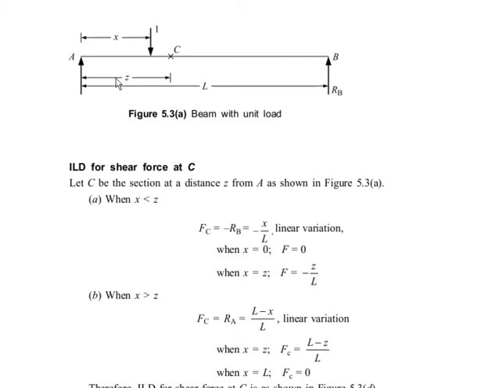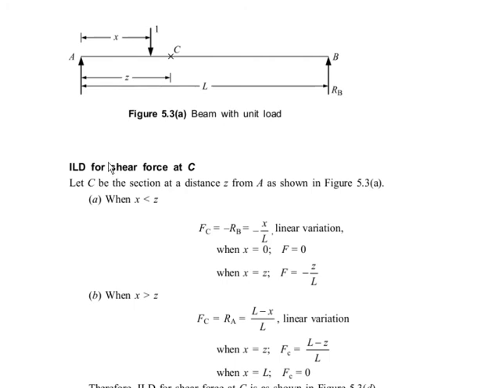So in the first case, when X is less than Z, as in this figure, the unit load is in between A and C. As we are drawing the influence line diagram for shear force at C, the only thing we have to calculate is the shear force at C, nothing else.